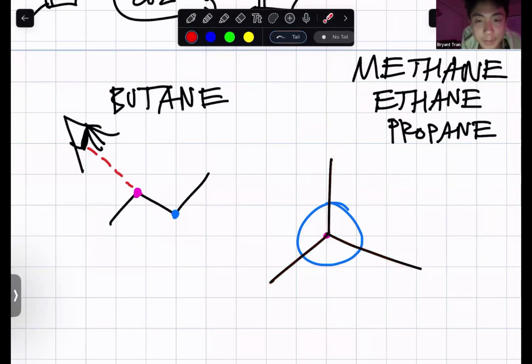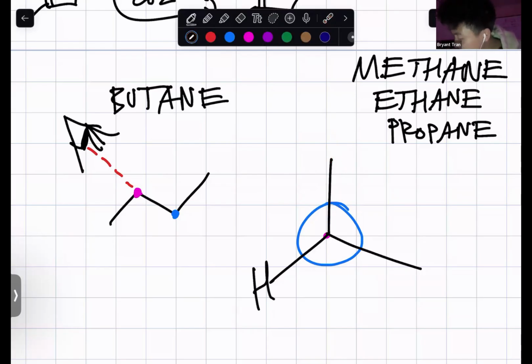From the pink carbon, the three other groups it's attached to. You could start your methyl group here, here, or here. It doesn't matter. Let's say that the methyl group is on top. That means the other two groups are going to be hydrogens, like that.